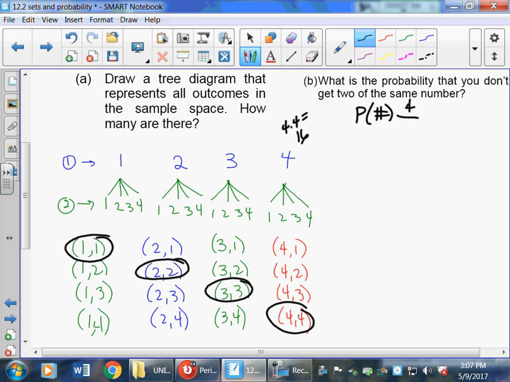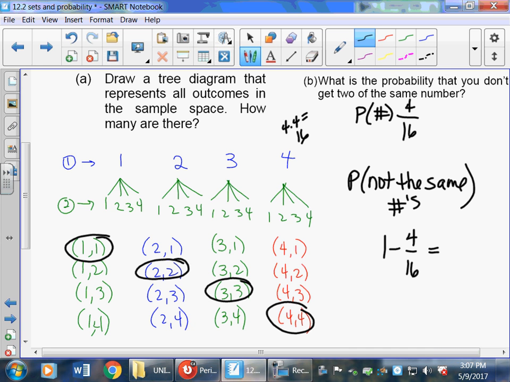But they want the probability of not the same numbers, which is 1 minus 4 over 16, which is 12 over 16. If you need to reduce it, you can reduce it by 4 and get 3/4.